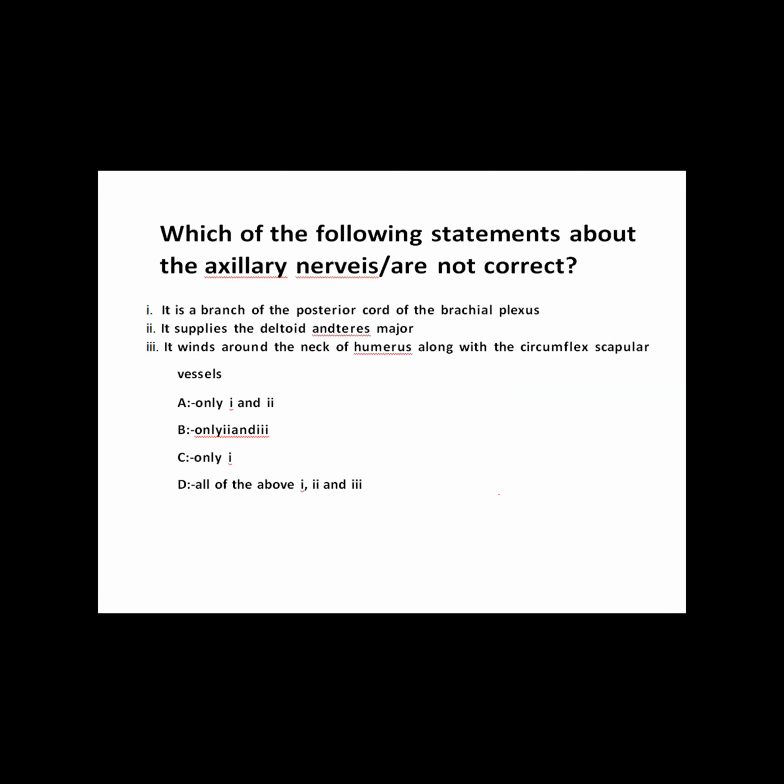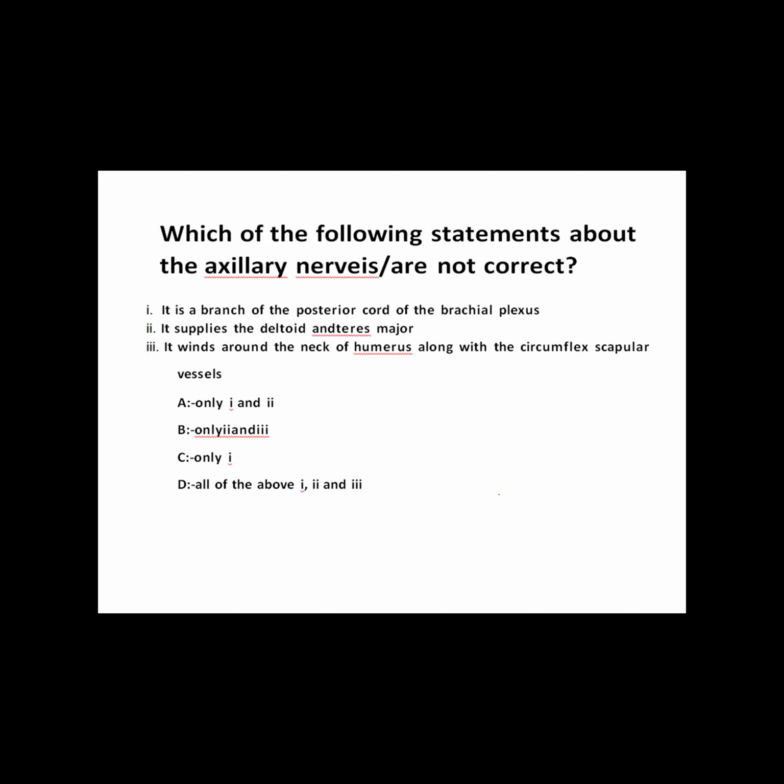Okay. Which of the following statement about axillary nerve is not correct? Axillary nerve. It is a branch of posterior cord of the brachial plexus. It supplies deltoid and teres major. It winds around the neck of humerus along with the circumflex scapular vessels.